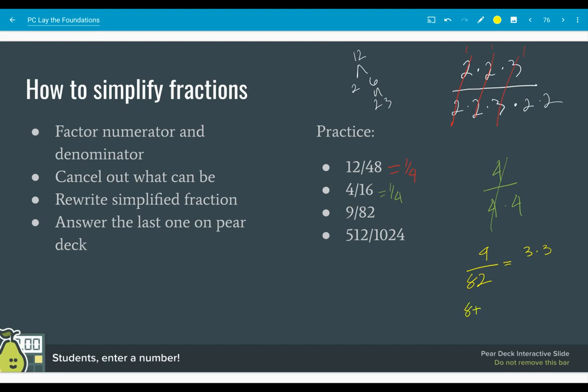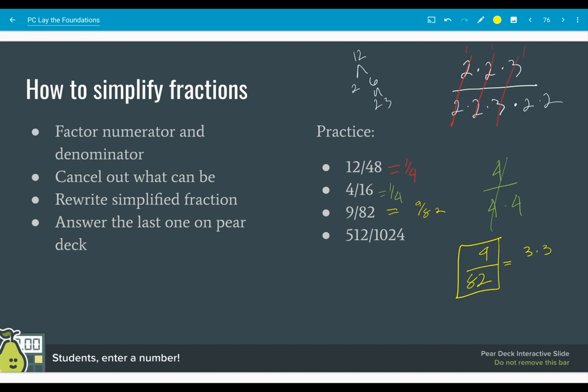So let's check. 8 plus 2 is 10. Is 10 divisible by 3? No, it is not. So since 82 does not have a factor of 3, this fraction does not reduce. In simplified form, this one is just 9 over 82.